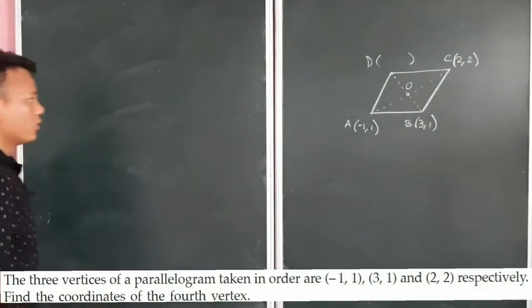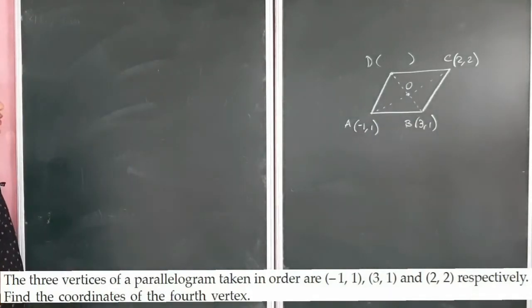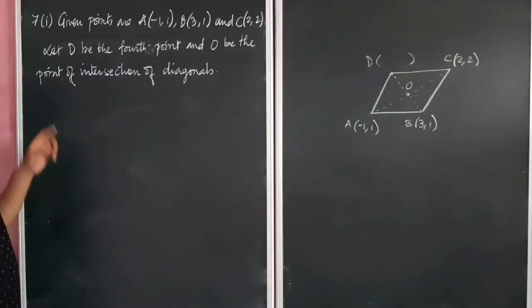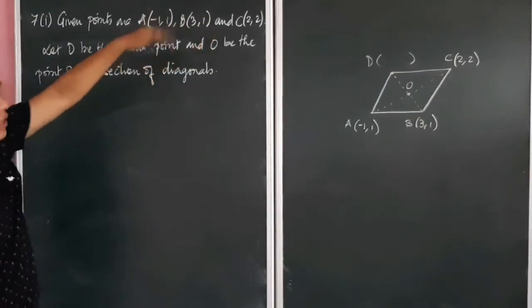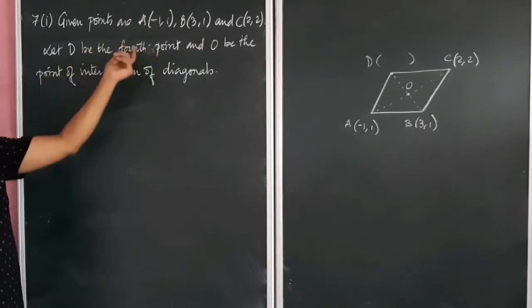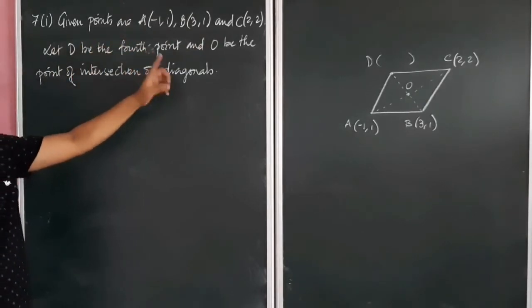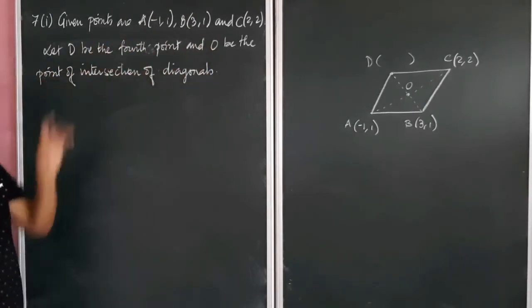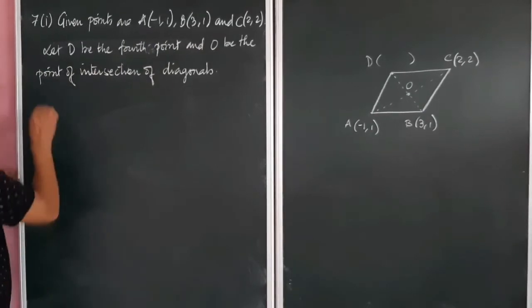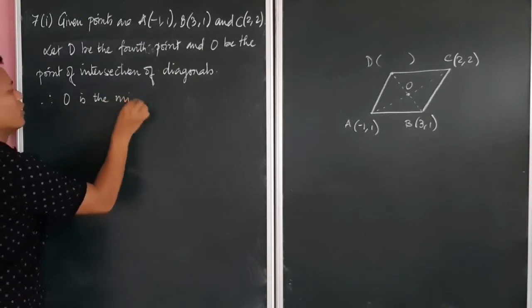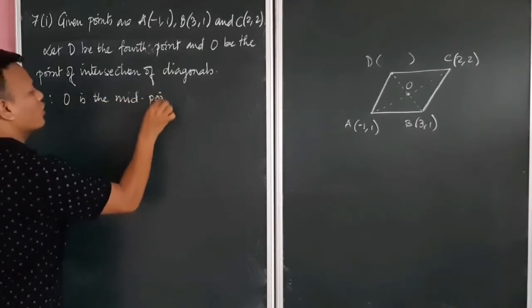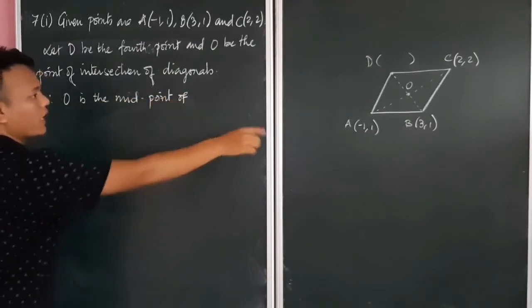Let me quickly see what is given here. As I said earlier, the points are A, B, C. These three are given, and let D be the fourth point, and O is the point of intersection of diagonals. O is the midpoint of A and C, right?